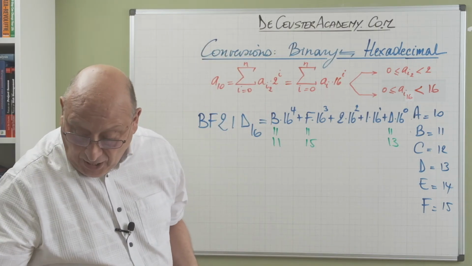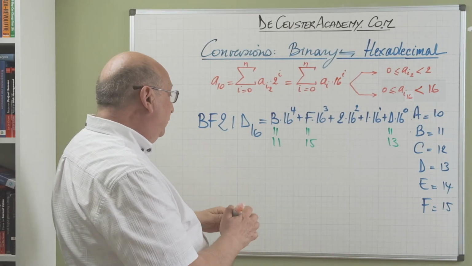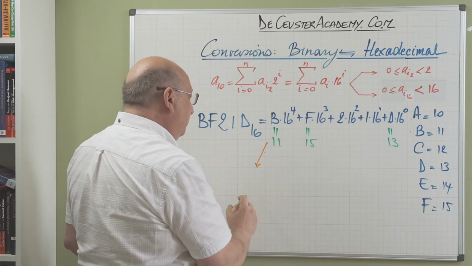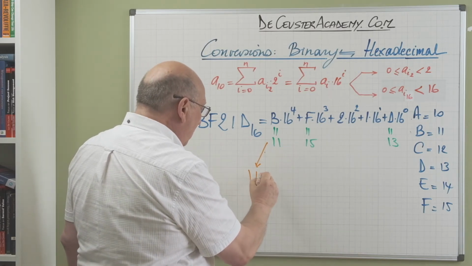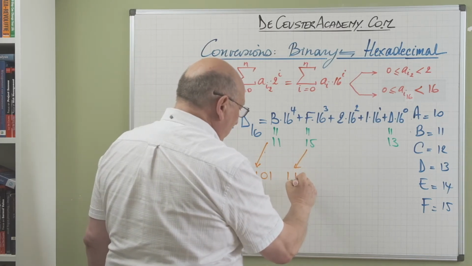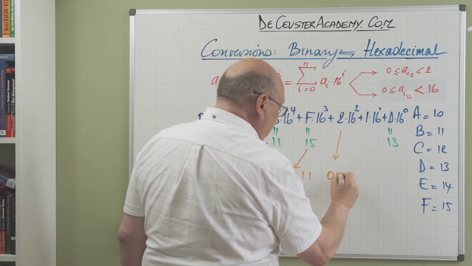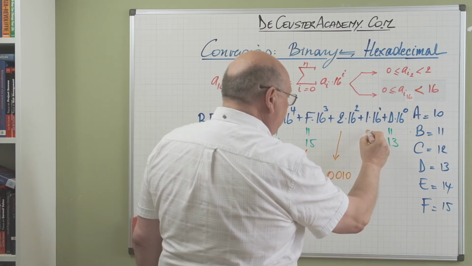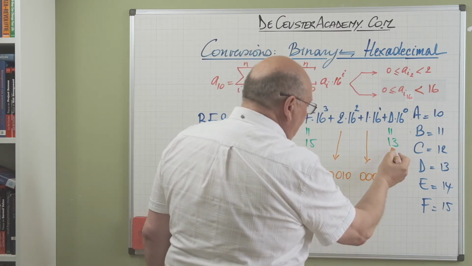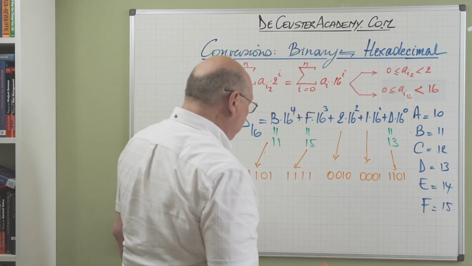What we're going to do now is to write the binary equivalents of those coefficients. For B, 11 is 1, 1, 0, 1. For F, it's 1, 1, 1, 1. For 2, we have 0, 0, 1, 0. For 1, we have 0, 0, 0, 1. And for 13, we have 1, 1, 0, 1.